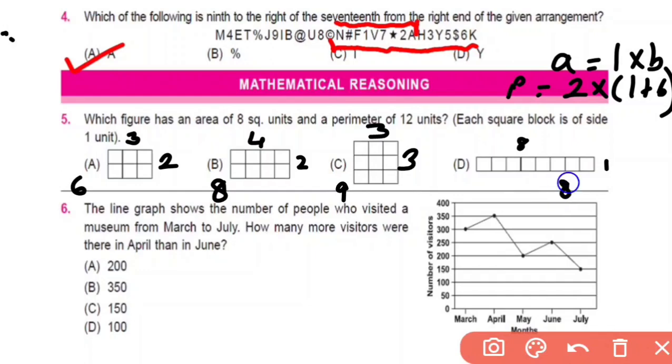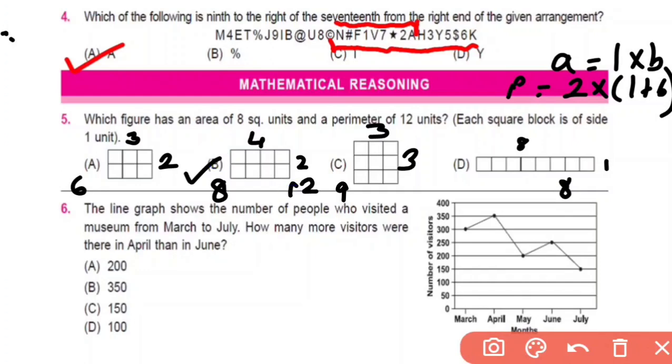Then which area matches the given question? B. So we check the perimeter of B. Perimeter of B is 2 into length plus breadth: 4 plus 2, 6. 6 into 2, 12. So option B is correct because area is 8 and perimeter is 12.